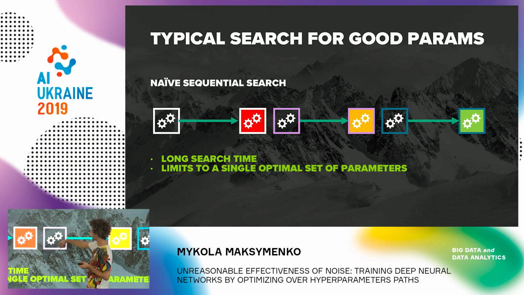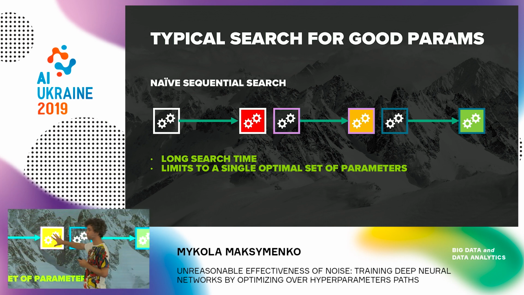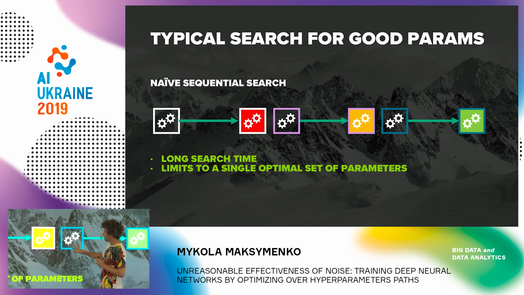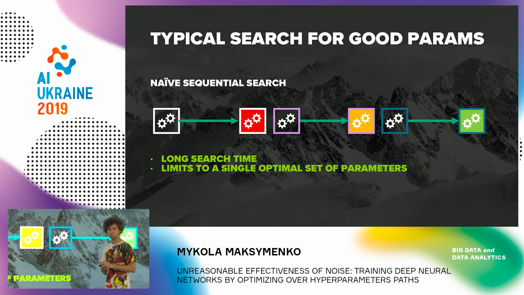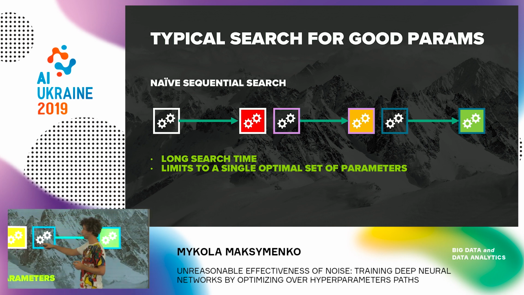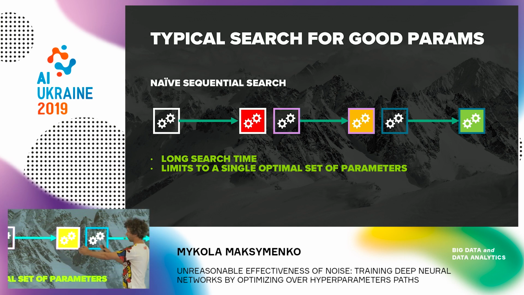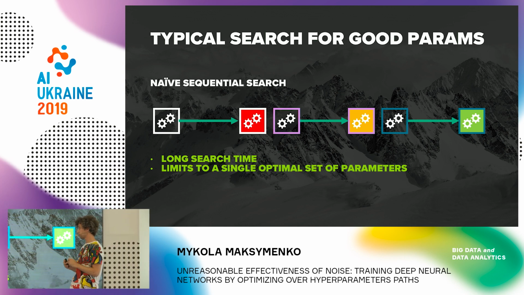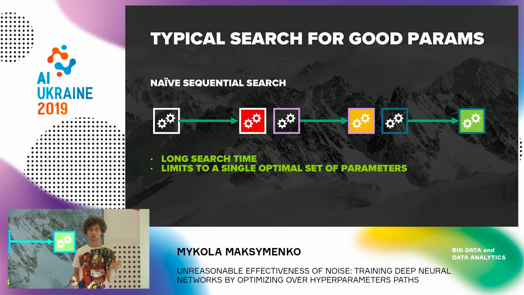So then you start again with some other hyperparameters, a different color. You train again, you get slightly better performance. You might have some guess which parameters you should choose next time, so you could use some kind of Bayesian search for hyperparameters. You choose the last one, and actually you get good performance. But this whole sequence takes a long time. And another thing, it still limits you to a set of hyperparameters.